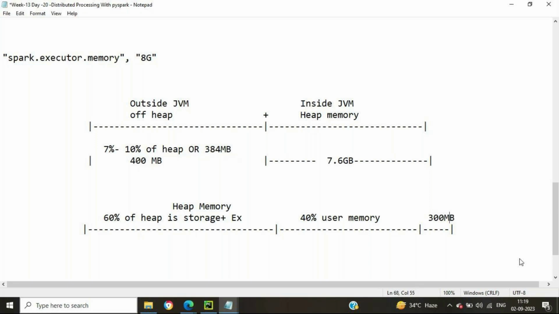So this is what we have for heap memory in total.